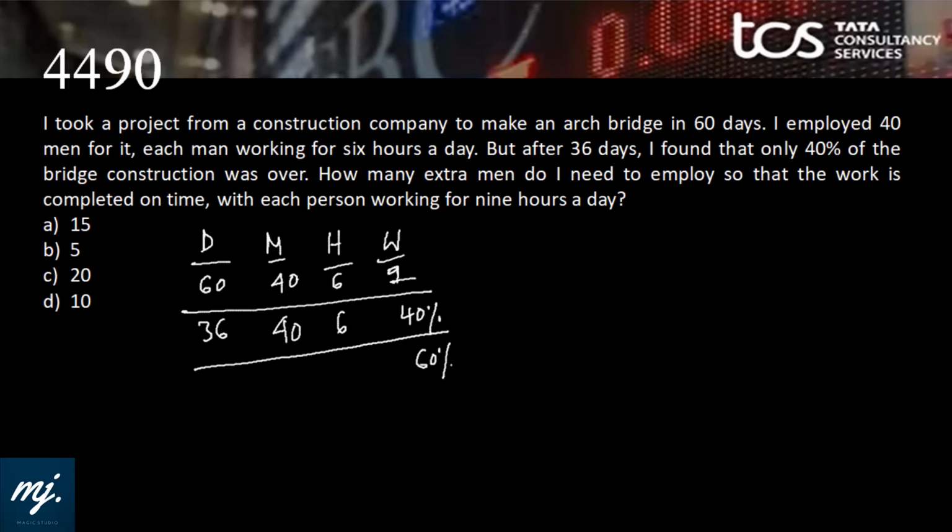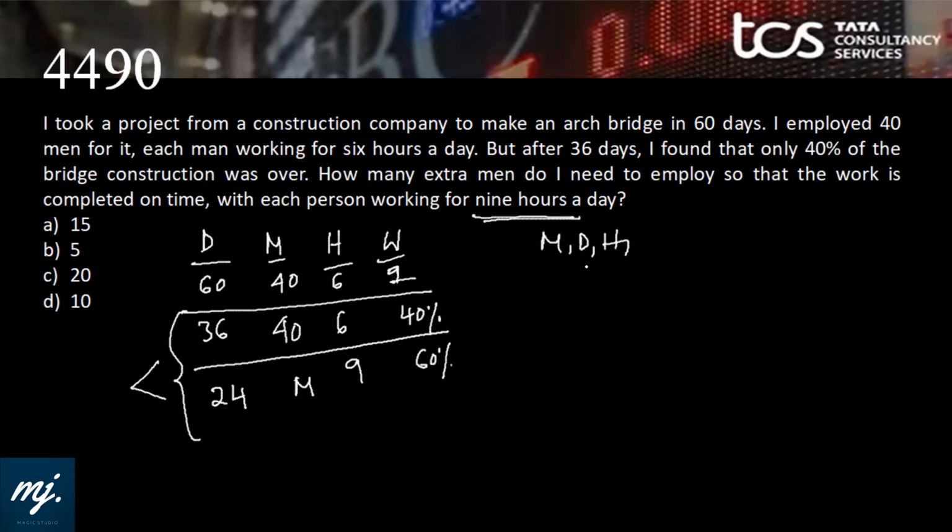Days remaining are 60 minus 36, that is 24 days. Now, how many men do I need to employ? Let it be M, so that the work is completed on time, with each person working 9 hours a day. So with these two sets of data, we will play the masala.